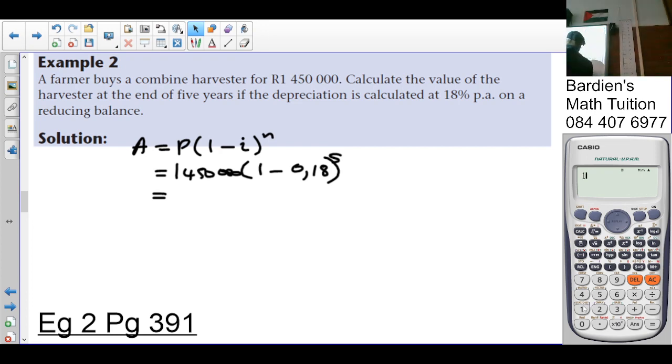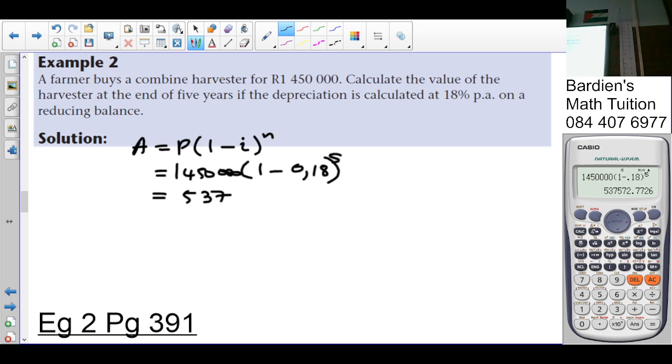So it's going to be 1,450,000 into 1 minus 0.18 to the exponent 5. That will give you 537,572.77. Are you okay with that?